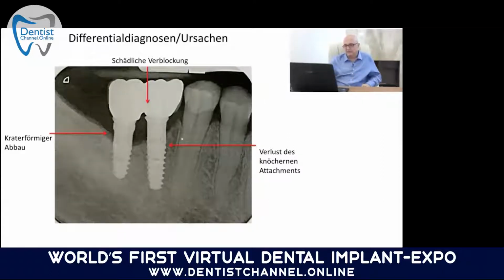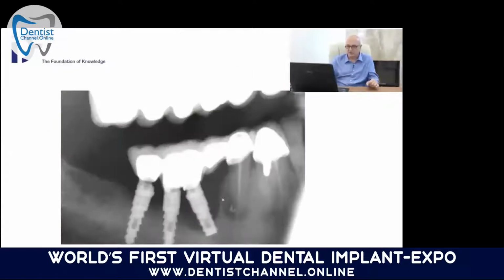You see that the bony attachment seems to get lost here on that side. Probably this is why there is not so much periimplantitis. But you see in general that the bone line goes down here, and it also starts to go down here. So this is for sure crater-like bone loss on the left implant. And I would say that the right implant, I mean the right in the picture, is probably mobile, but you don't notice it because these two crowns are blocked to each other.